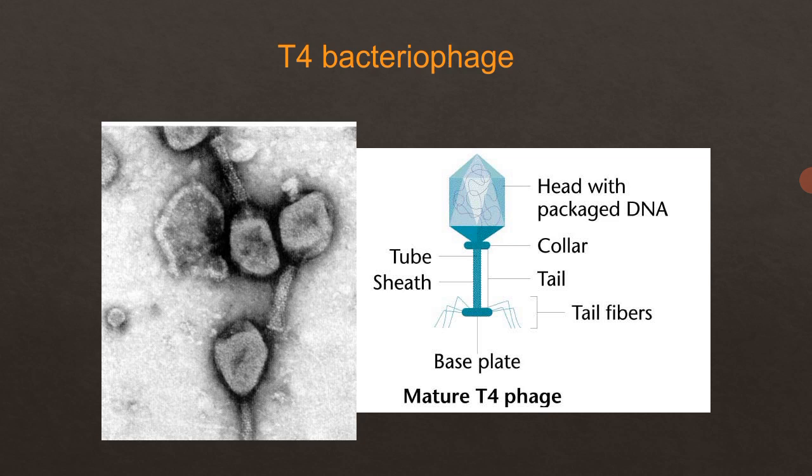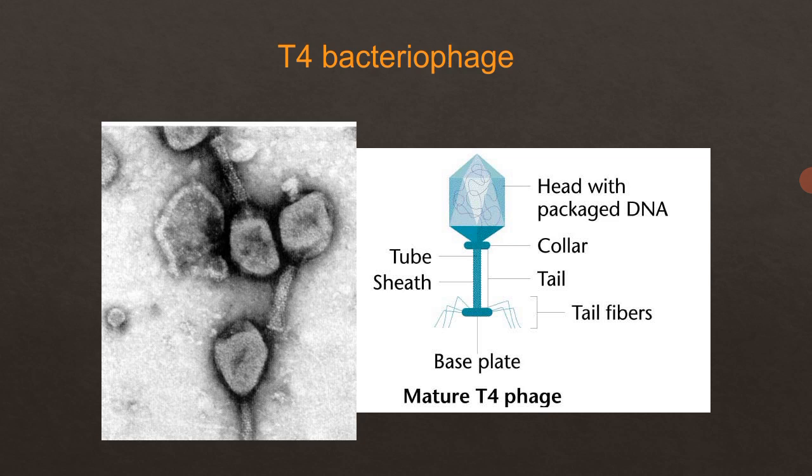After its attachment, the collar is very important in its structure, or we can say the complete tube. Through the tube, DNA is pushed inside and reaches the bacterial cell.